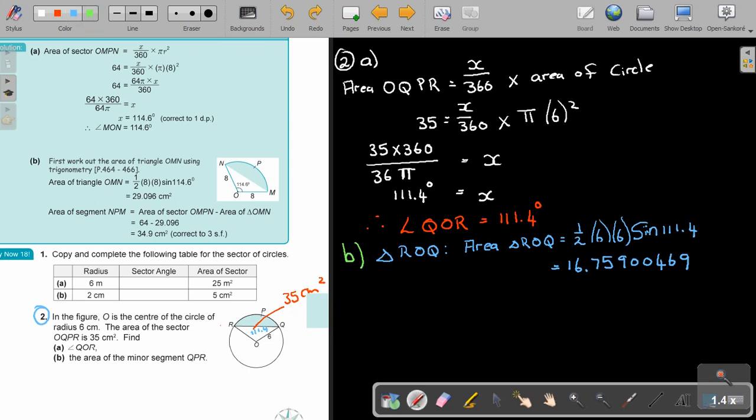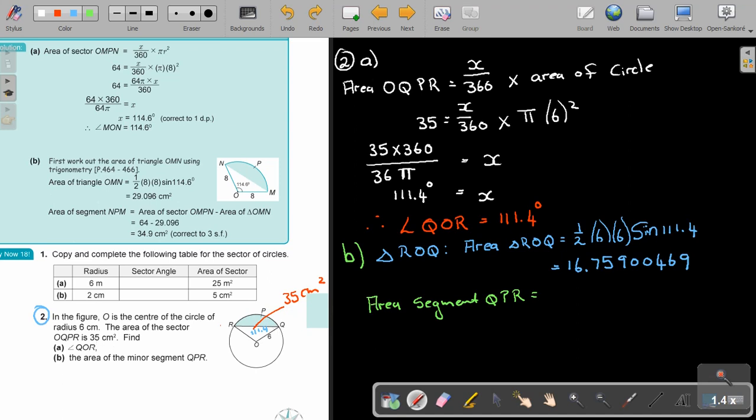So therefore the area of segment QPR is then, what was it in that previous one?